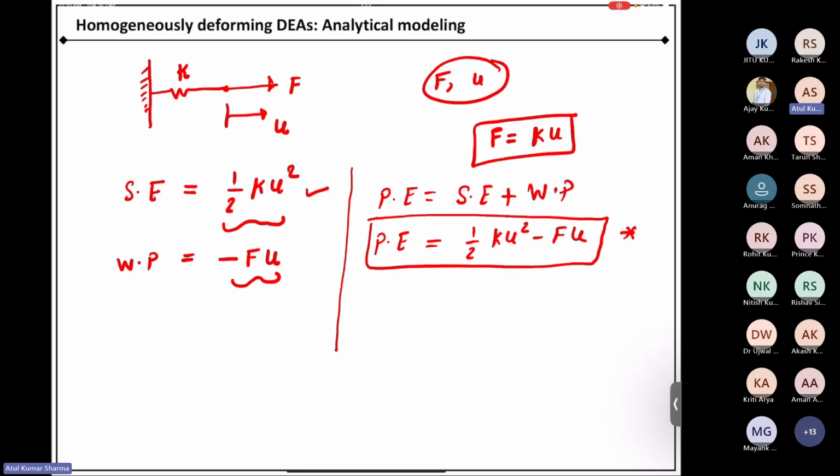Now we will apply our principle of minimization of potential energy in order to extract the relationship between F and U. The principle of minimization of potential energy says that the stable equilibrium deformation will correspond to the minimum of this quantity, which is the potential energy.